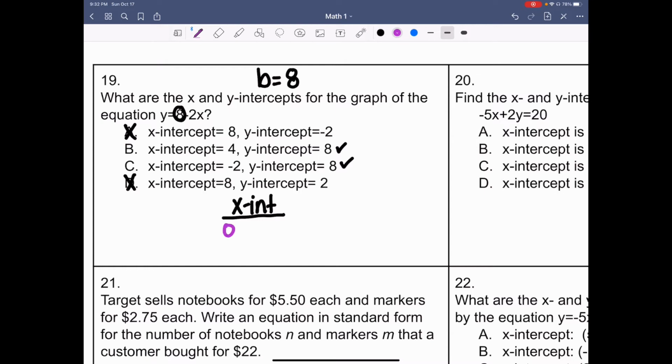So 0 is going to equal 8 minus 2x. And we're going to solve this. So we're going to subtract 8. So negative 2x equals negative 8. And we're going to divide by negative 2. So x equals positive 4, which is correct for letter B.